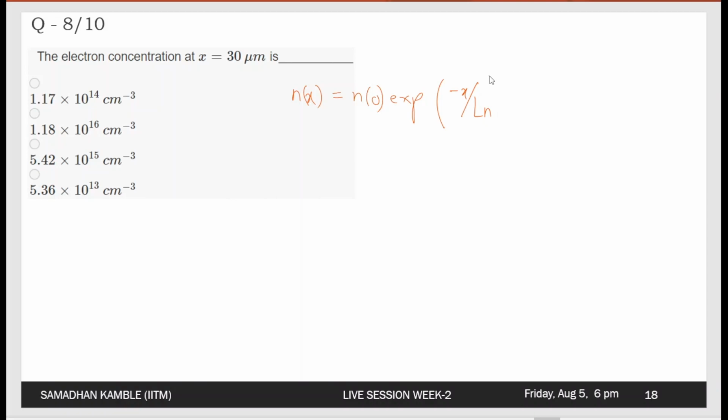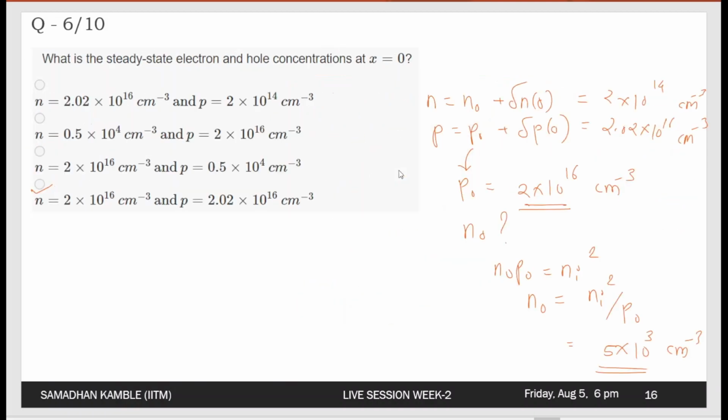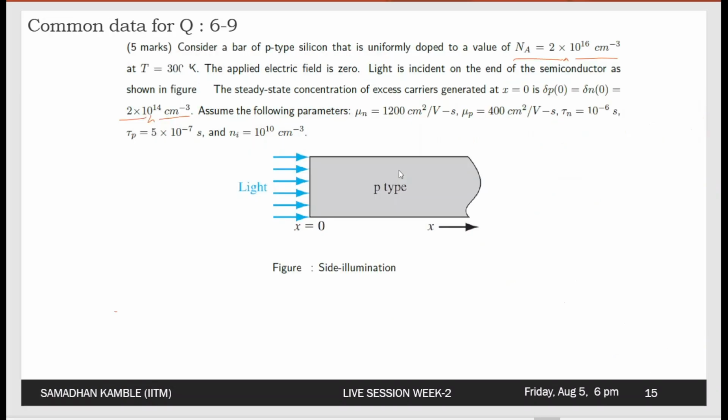So this is an important relation to keep in mind. So we can determine the electron concentration at any position x given the initial value at x equal to 0 and the diffusion length Ln. So in our case, n naught is 2 times 10 to the power 14.